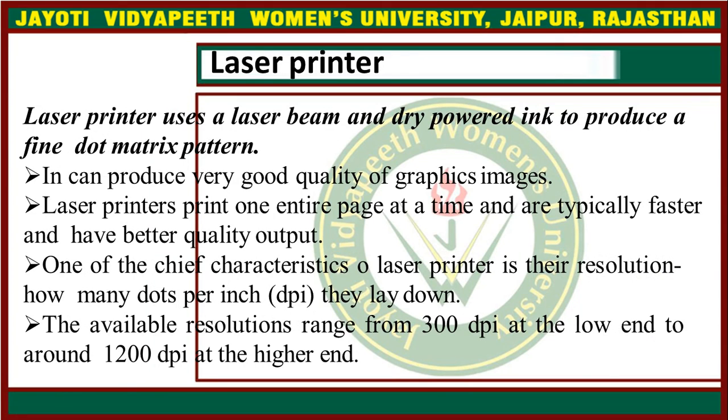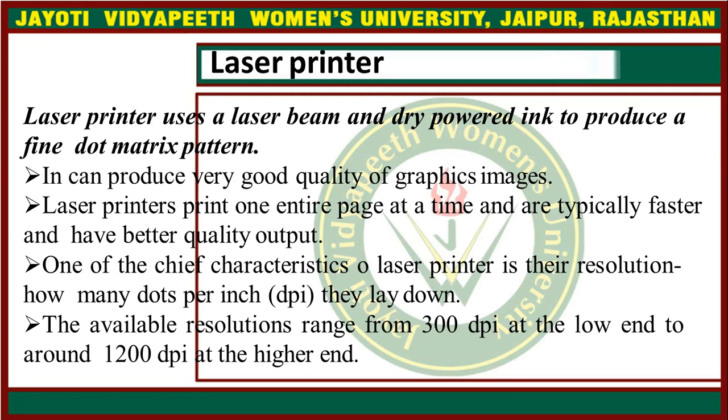Now come to the laser printer. A laser printer uses a laser beam and dry powdered ink to produce a fine dot matrix pattern. It can produce very good quality graphics images, and prints one entire page at a time, so it is typically faster and has better quality output.